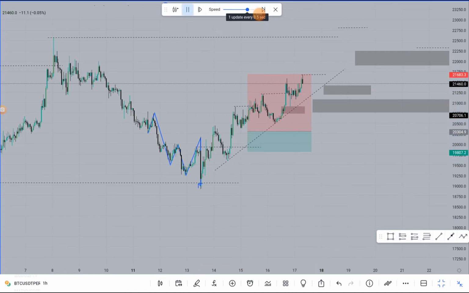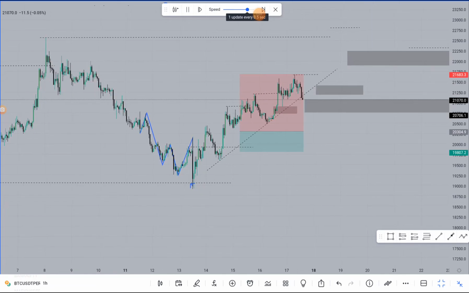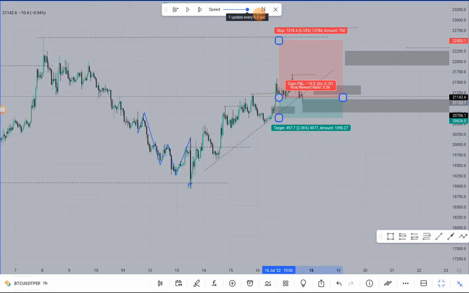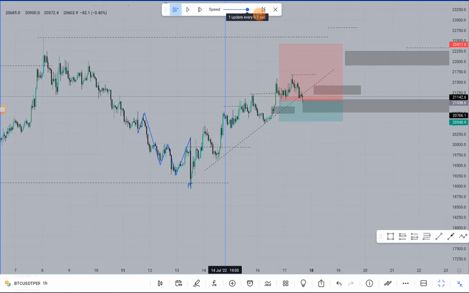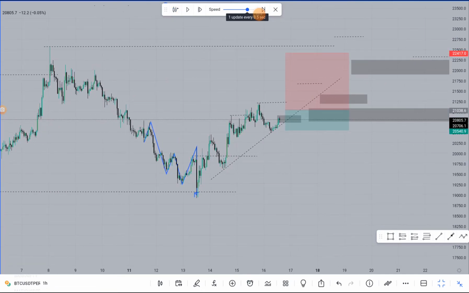So let's watch and see if price touches our trend line. Price touched our trend line around here. Okay, so this is the first touch, second touch.